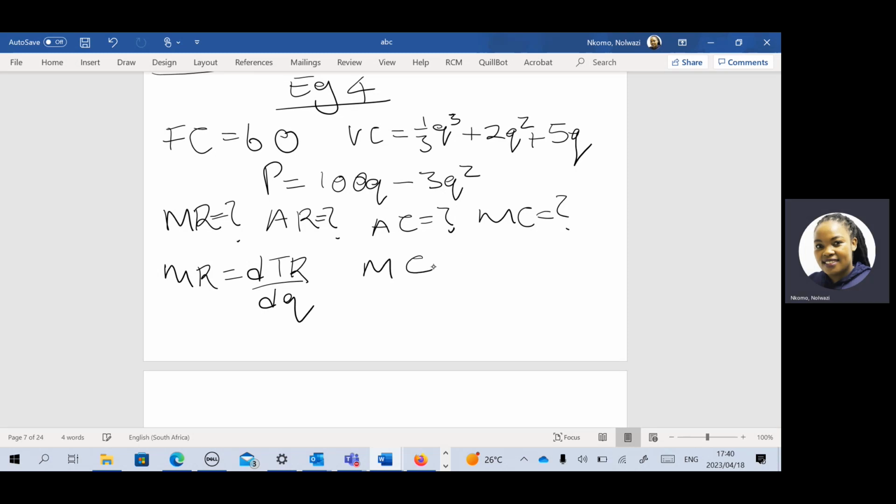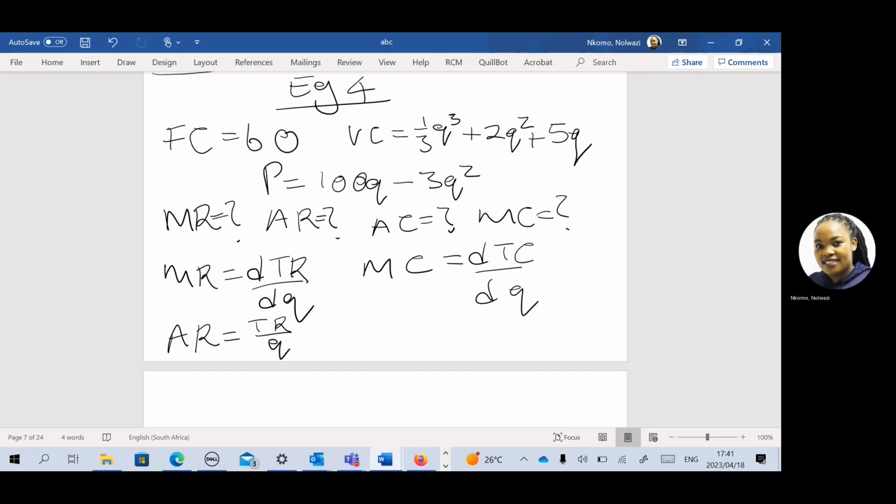And the marginal cost is found by differentiating the total cost with respect to Q. And then the average revenue is found by dividing the total revenue by the number of units produced or sold.